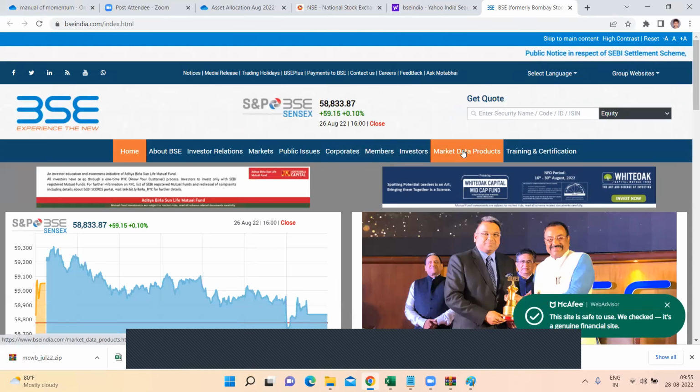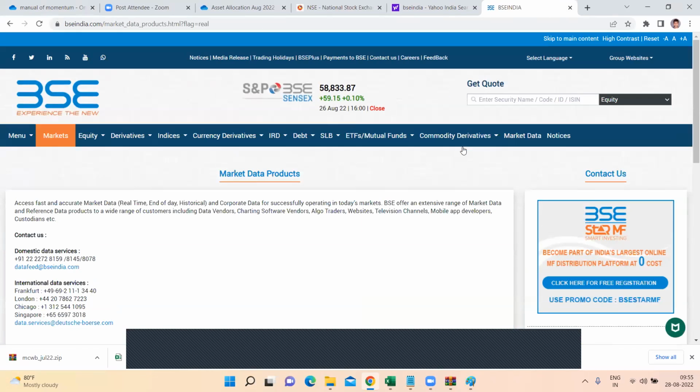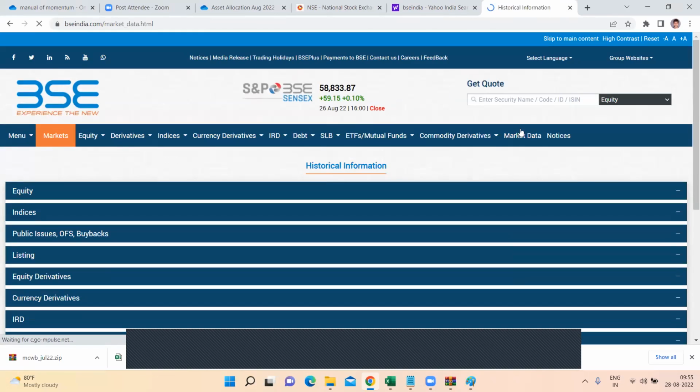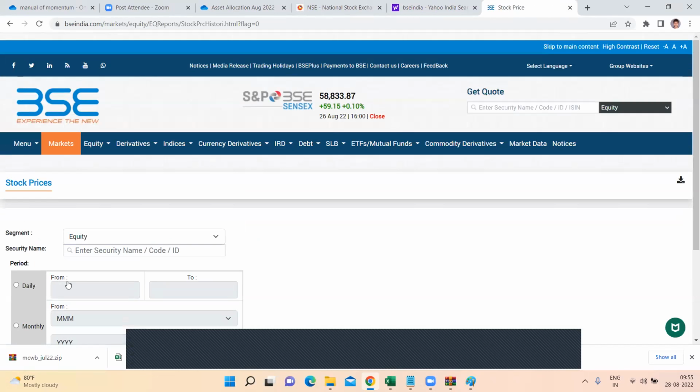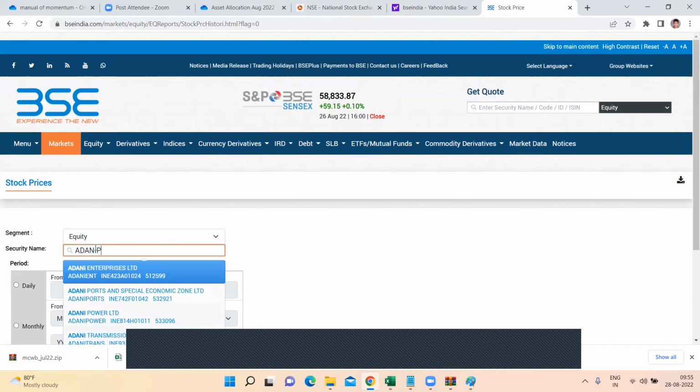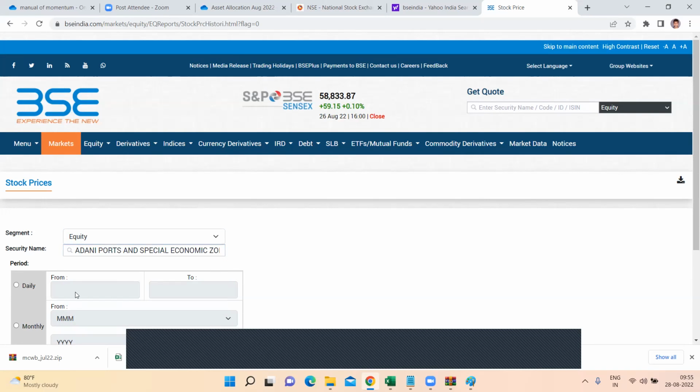BSE it is market data products and market data. So we have all the data here. Equity historical prices. Adani Ports. Daily data.